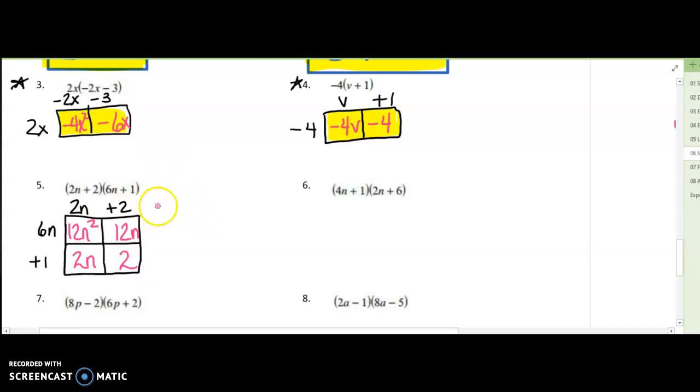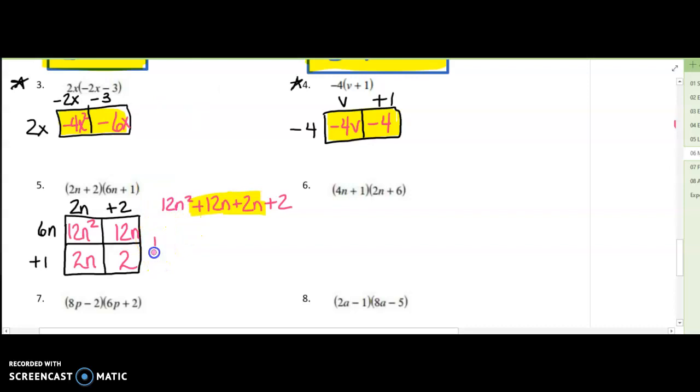So I'm going to bring this out over here, each one of them one at a time. So I have 12n squared, plus 12n plus 2n, and then plus 2. All right, so these are my like terms. This plus 12n and plus 2n. Those are the two that are alike, right?